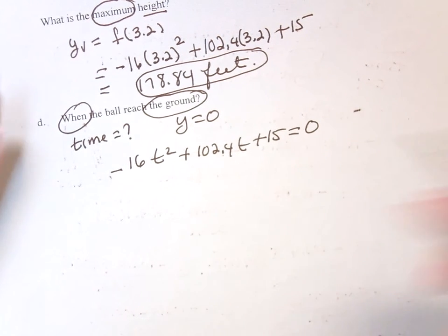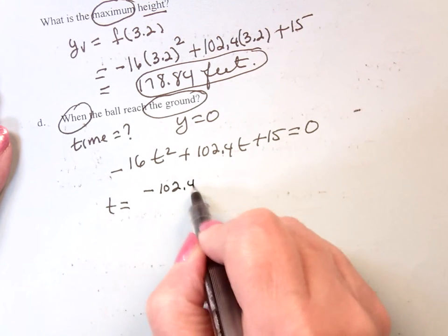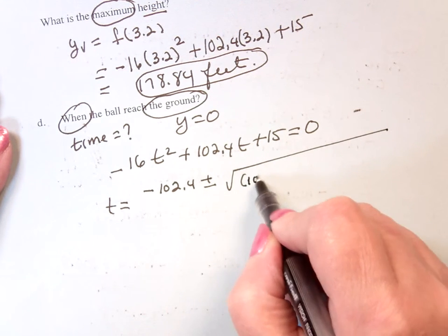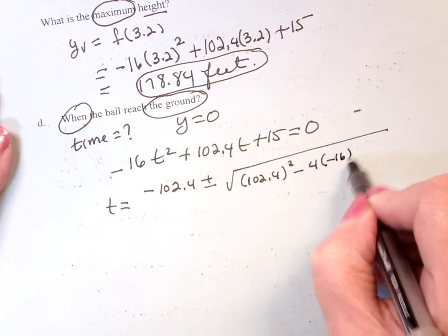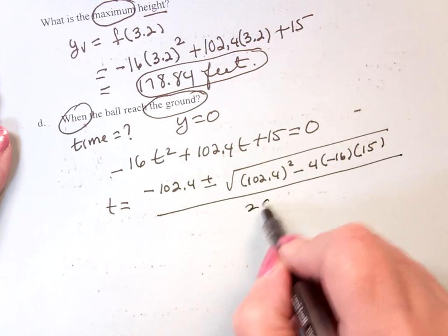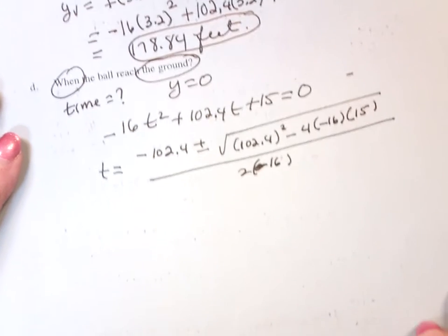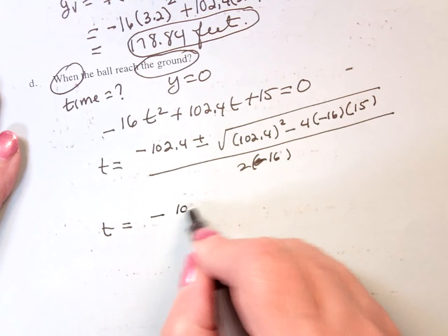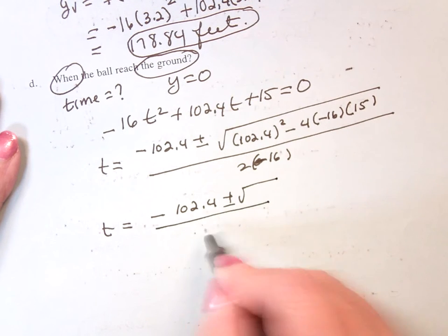So we use the quadratic formula. t is minus b, minus 102.4, plus or minus the square root of b, 102.4 squared minus 4 times a, which is negative 16, times c, which is positive 15, all over 2 times a, which is negative 16. Or t is minus 102.4 plus or minus the square root of something, all over negative 32.